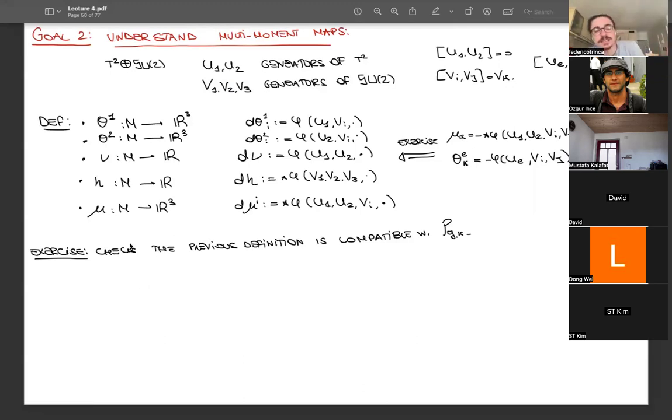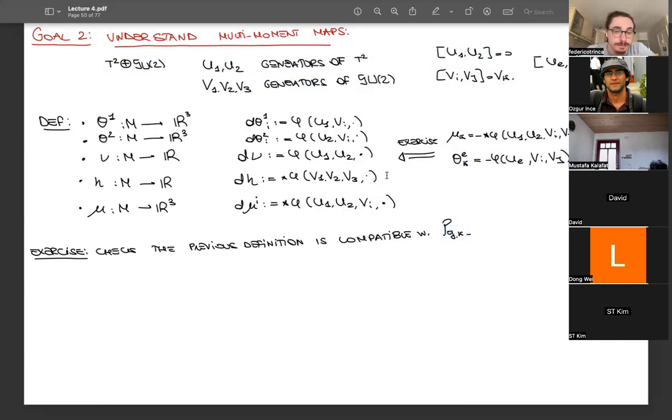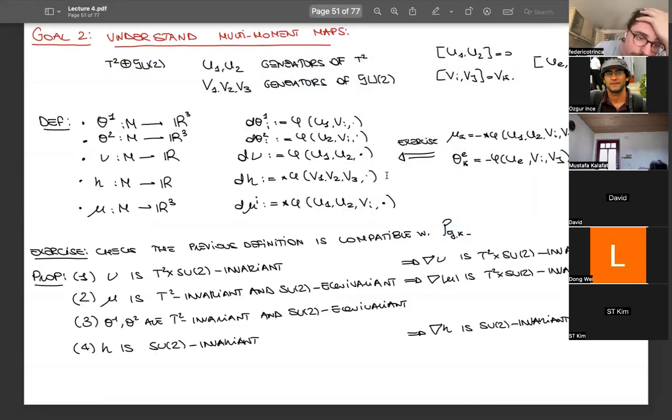The exercise that I give you is to check that these are precisely all the possible multi-moment maps in terms of the Koszul kernel. And the properties of these maps are the following. Nu, you can quite easily check, is T2 times SU2 invariant.